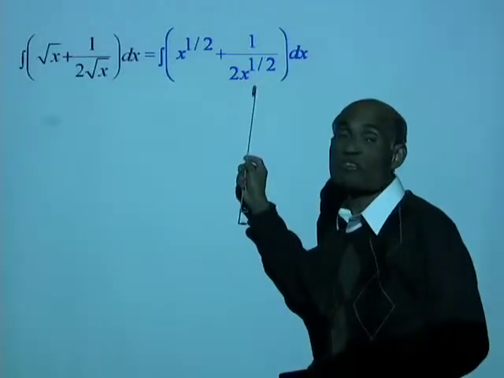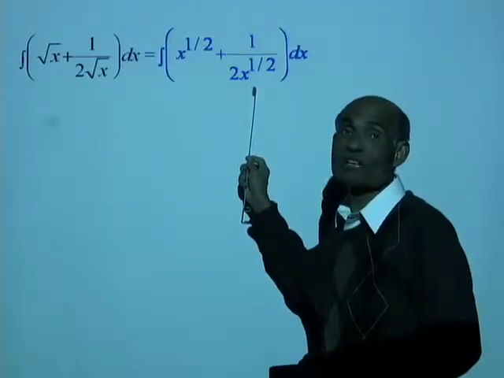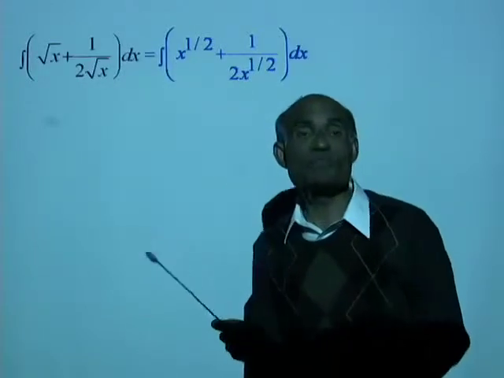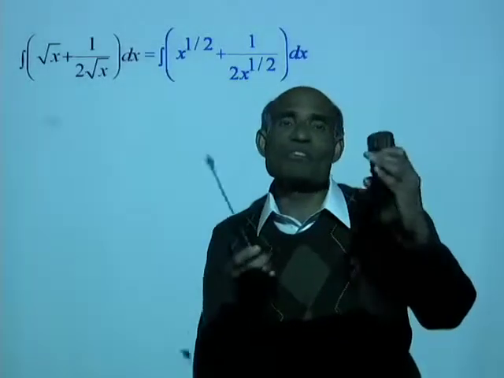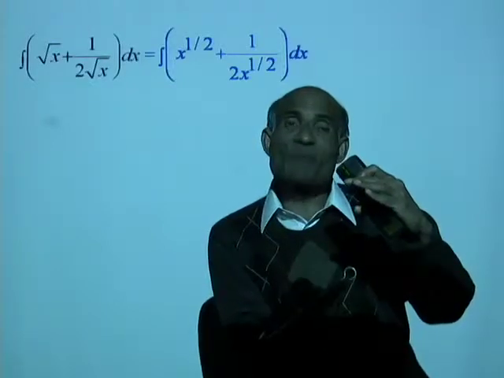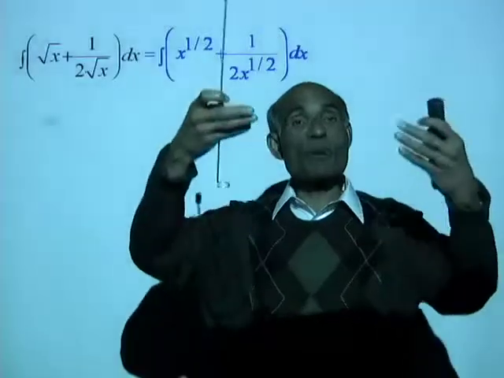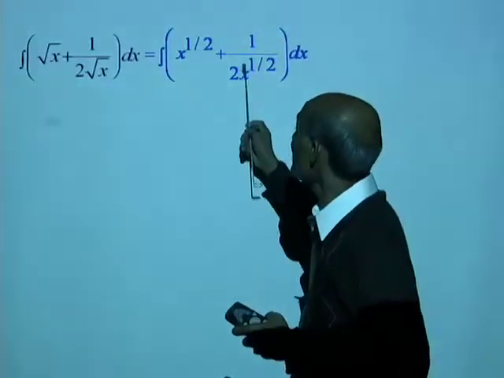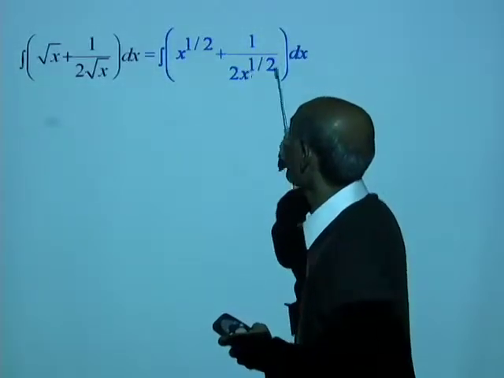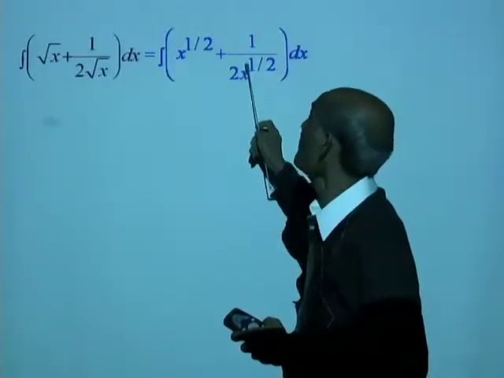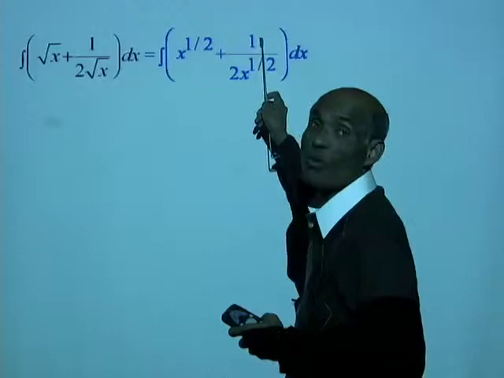Now, is this sufficient in order to integrate? No, because we don't know how to integrate a function with x sitting on the denominator. We can only integrate where x is on the numerator. So we need to bring this x to the power of 1/2 to the numerator. What will that become? It will become x to the power of -1/2.